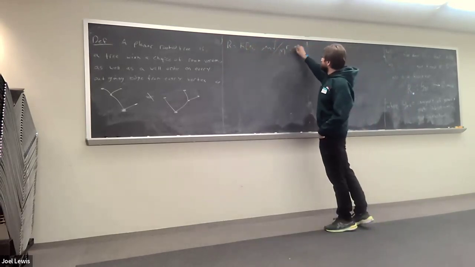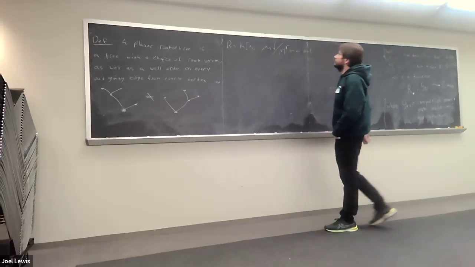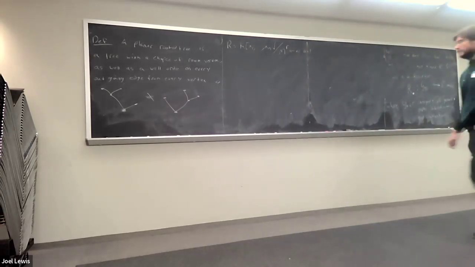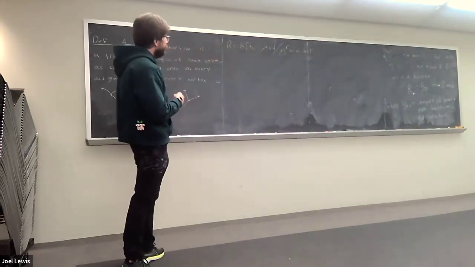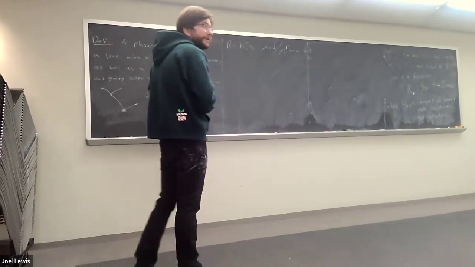So here, this is the irrelevant ideal. So this is my ring. I'm taking a quotient by some power of the irrelevant ideal.